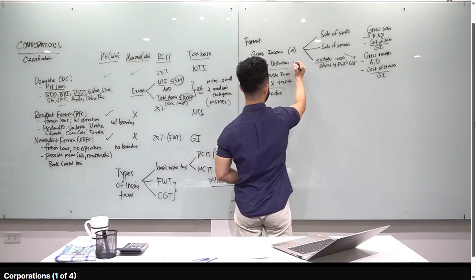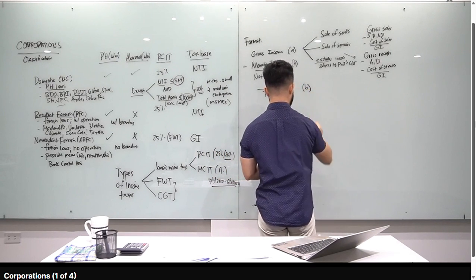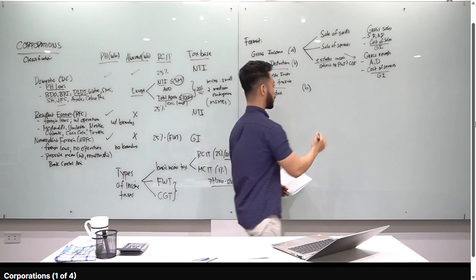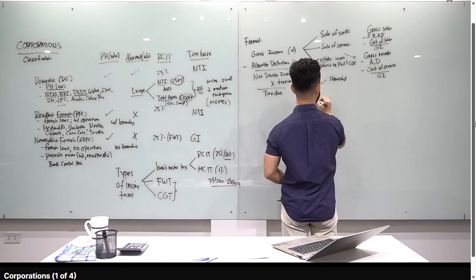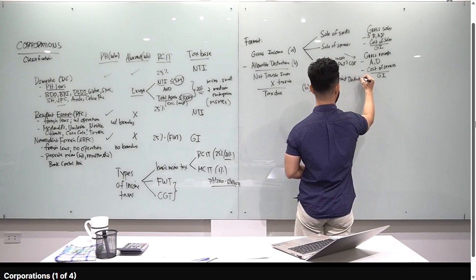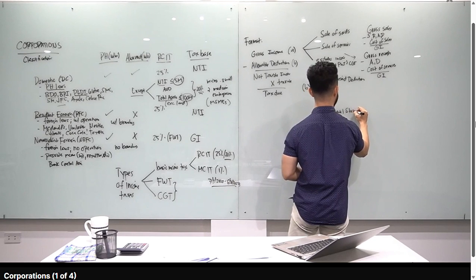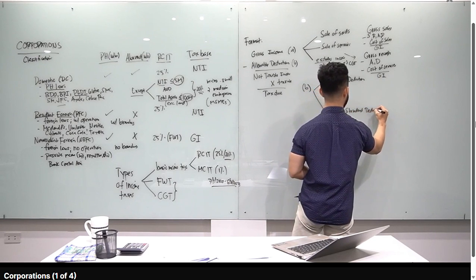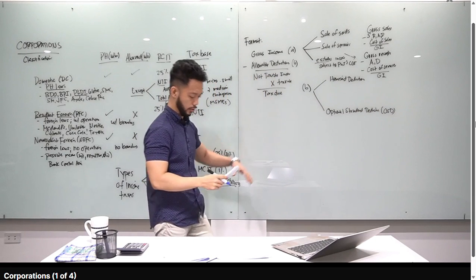Now, punta tayo sa allowable deductions. Allowable deductions, dito tayo sa letter B. Sa allowable deductions, two types yan. Meron tayong tinatawag na itemized deductions, or the optional standard deduction or OSD. Okay? So start muna tayo sa itemized deductions.